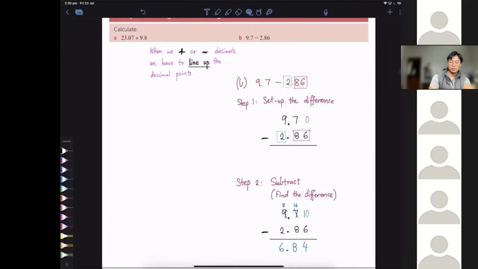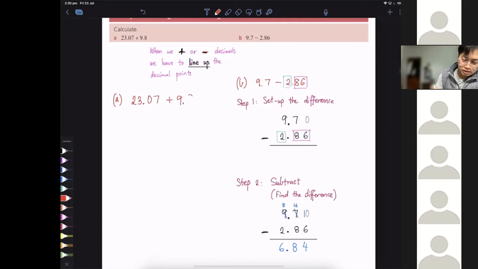So now that you know how to do subtraction, can you please do question A? Try this yourself first. And if you make a mistake, that's good because you're going to learn.